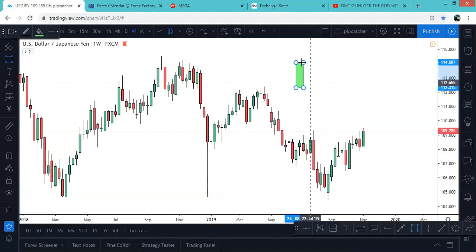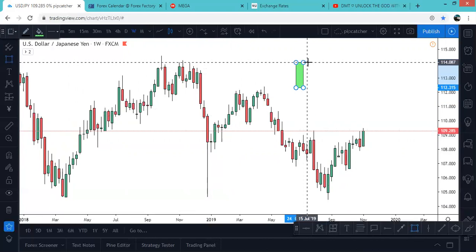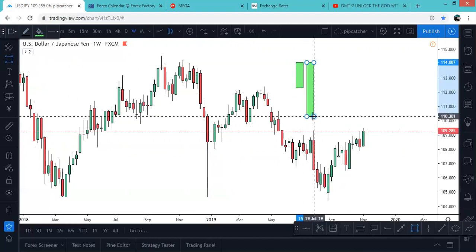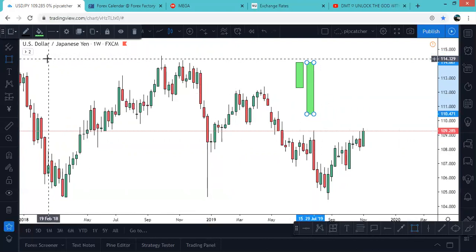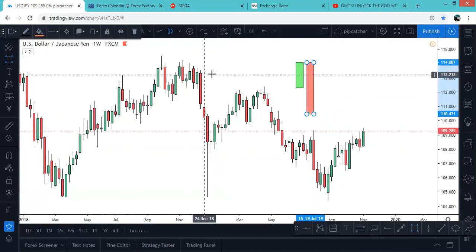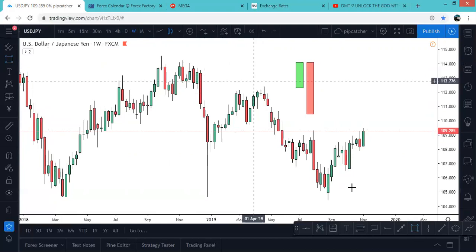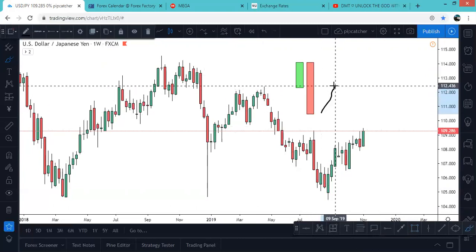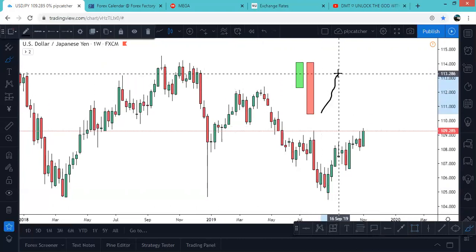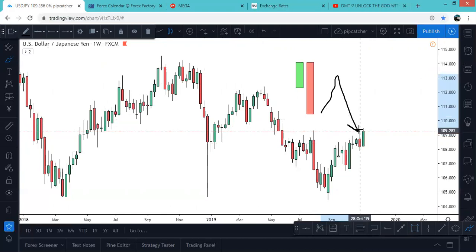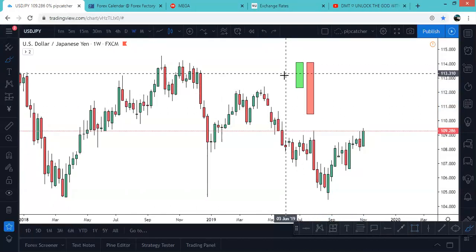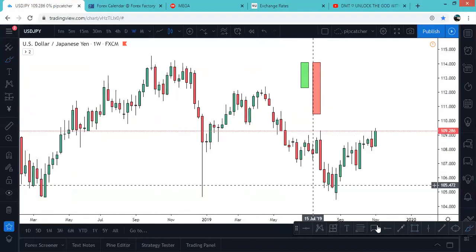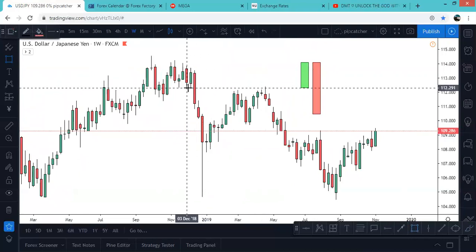The last up candle, and then we have something that looks like this, engulfing down, right? So we would expect price to come up here or to the 50% area and reject.